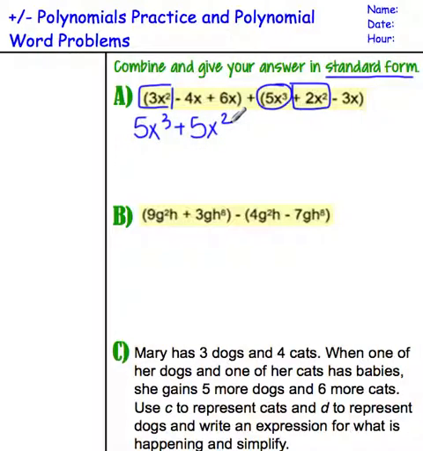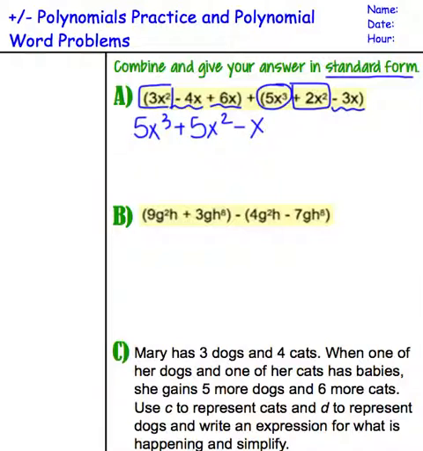And then I have a minus 4x and a minus 3x and a plus 6x. So a negative 4 plus a positive 6 is a positive 2. Minus 3x is a minus 1x or minus x. And that would be my solution.